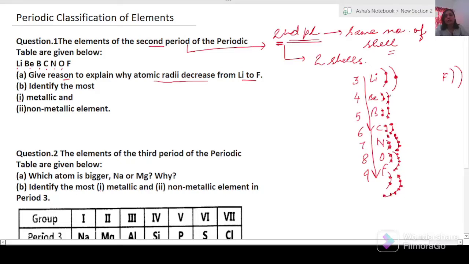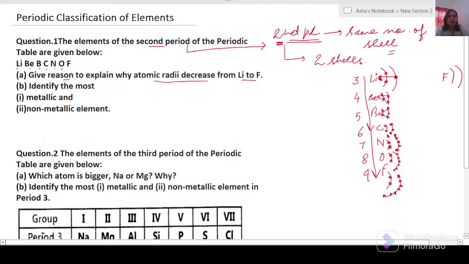Now you can see that in the second shell at every step 1 electron is being added, and similarly 1 proton is obviously getting added inside the nucleus. So the pull between the last shell and the center of the atom will increase.